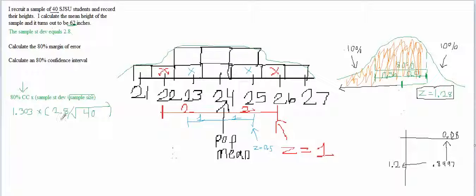And remember, the margin of error comes from this formula right here. This is how a confidence interval would be calculated in a real-life situation. You would use the sample standard deviation because that's usually all that's available to you.